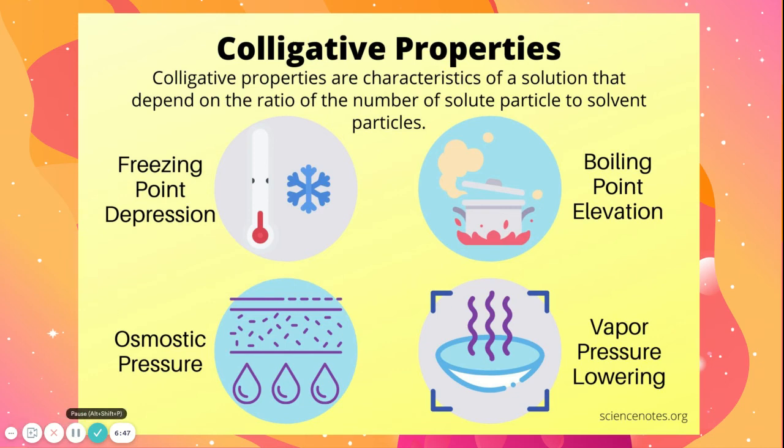I like to include colligative properties here because we're talking about dissolving, like the dissolving process. That's what a colligative property is. It's the number of solute particles dissolving in a given amount of solvent particles. So it's still that dilution process.